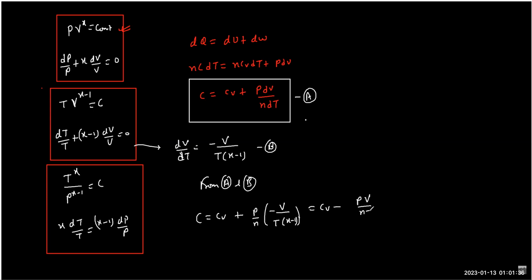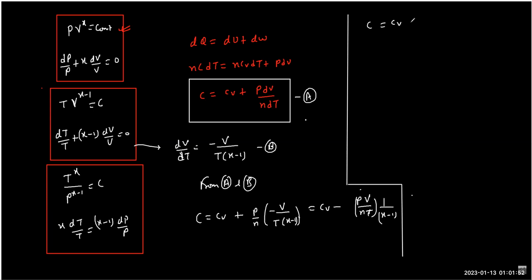P/nT. Can you tell me what is P/nT? R, sir. Exactly. So what is the C value? C = Cv minus R/(x-1), isn't it?